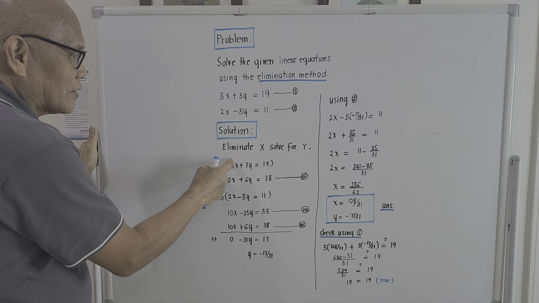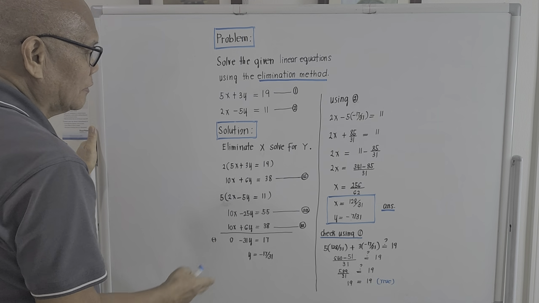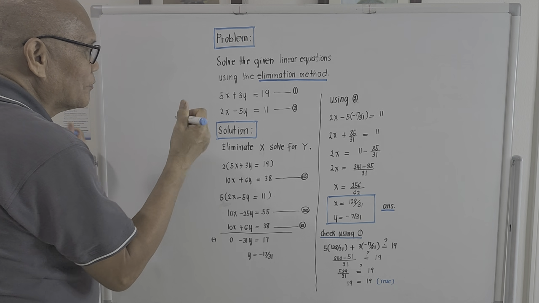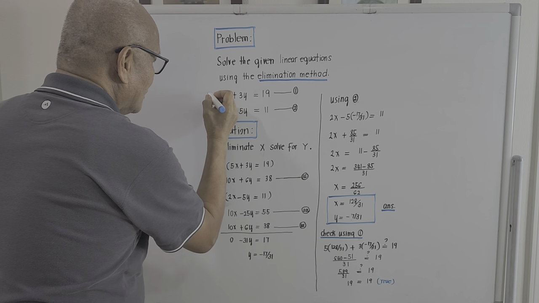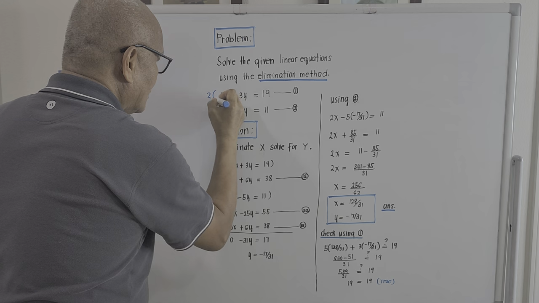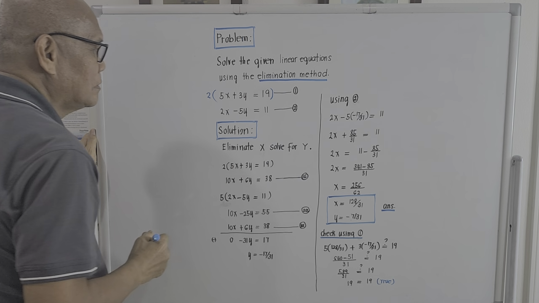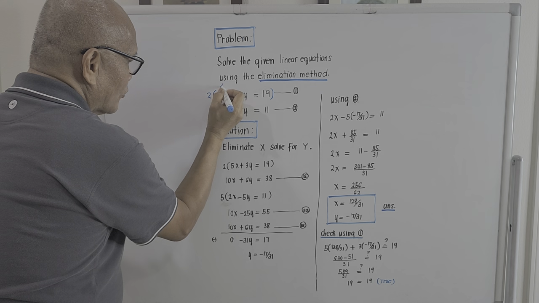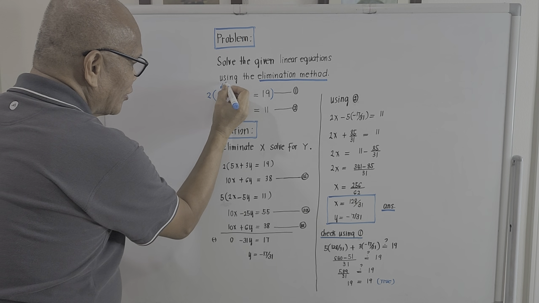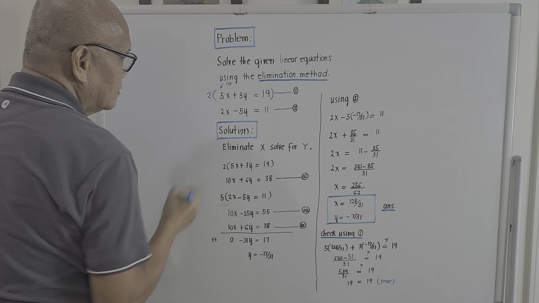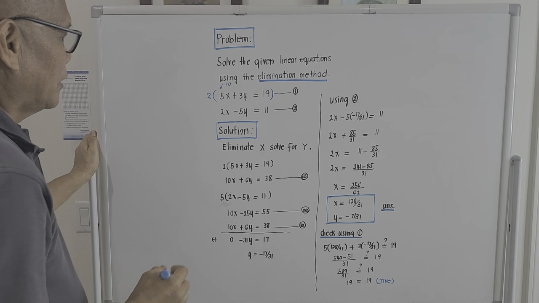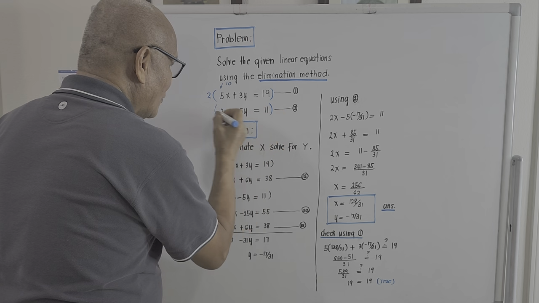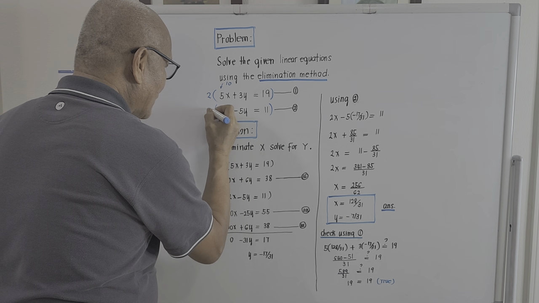To eliminate x and solve for y, we will be multiplying equation number 1 by 2, so the coefficient of x on the first one will now become 10. And for equation number 2, I will be multiplying this by 5.